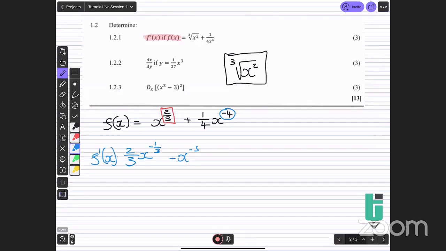Anybody want to explain what the derivative is? How would you explain in nice English what the derivative is? The derivative is the gradient. It's the gradient, okay. But that doesn't look like a gradient to me. I'm used to a gradient of 5, 6, 2.5.